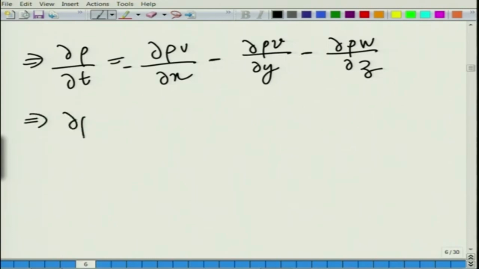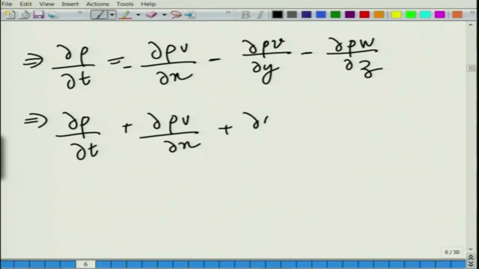So, eventually we get one form of the continuity equation. We are dealing with the conservation of mass.